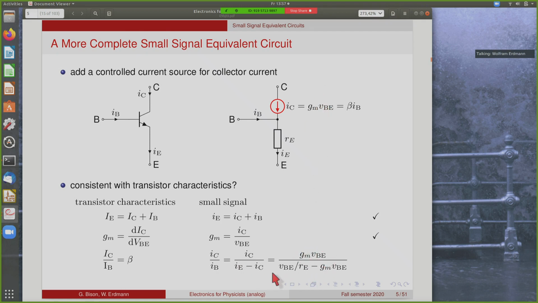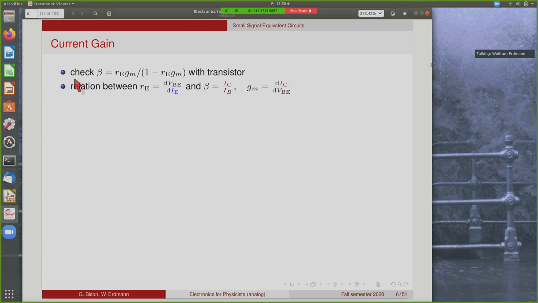And here we have the emitter current, which is the base emitter voltage, so VBE divided by RE, minus the collector current, which is again GM times VBE. This is not obviously the same, so we have to do a bit of math. VBE cancels, and we're left with this expression here. So now we have to see whether beta is the same as this term.